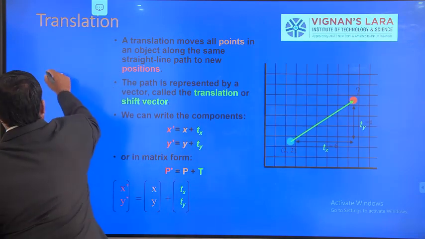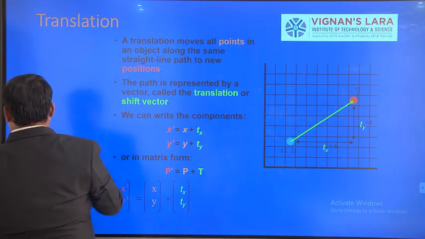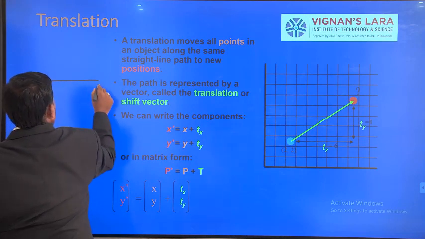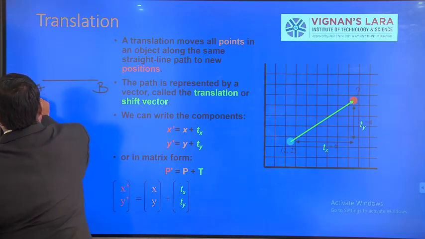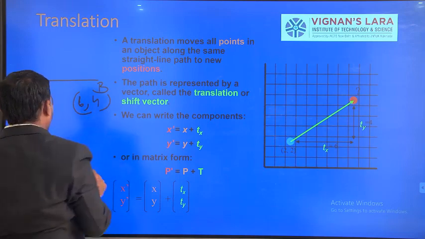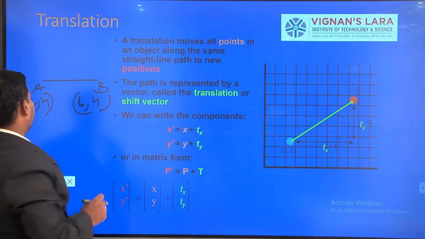I am considering a straight line AB. A has its own coordinates like 2, 4, and B has its own coordinates like 6, 4. How do I represent this AB in matrix form?